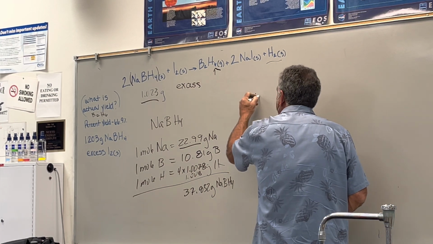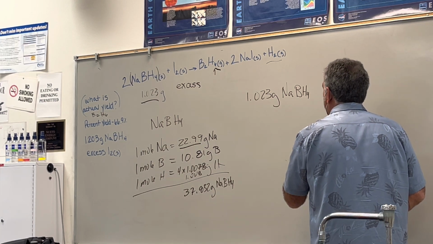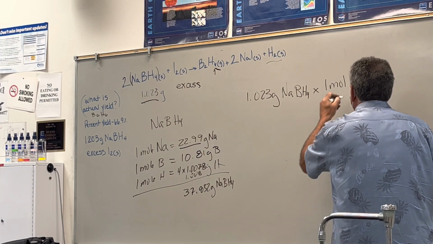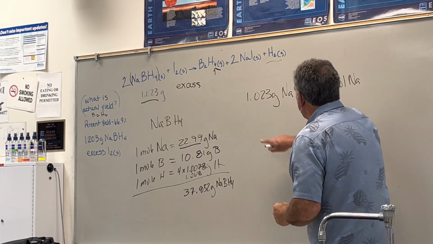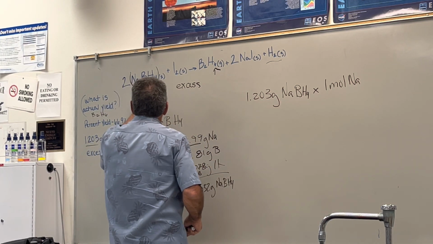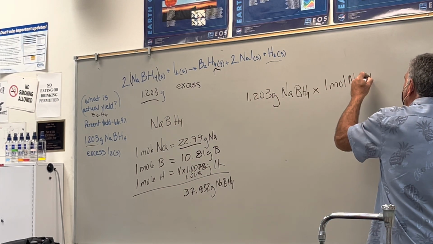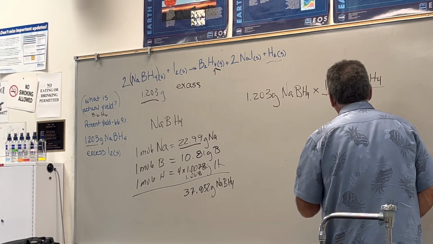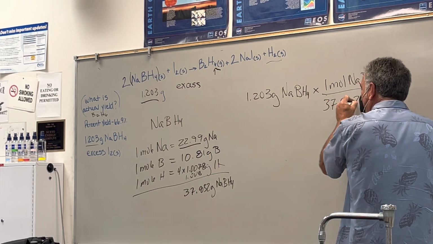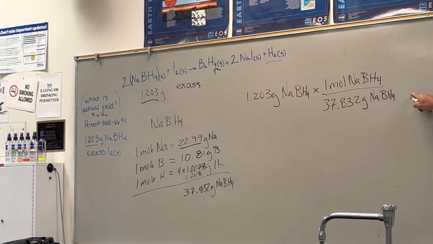So we have 1.203 grams NaBH4 times 1 mole over the molar mass in grams of NaBH4. I made a typo, dyslexia too, but I'm just going to keep moving forward, because there's not much I can do about it after starting the problem. That leaves this calculation to you, Emmanuel. 0.03179 moles.